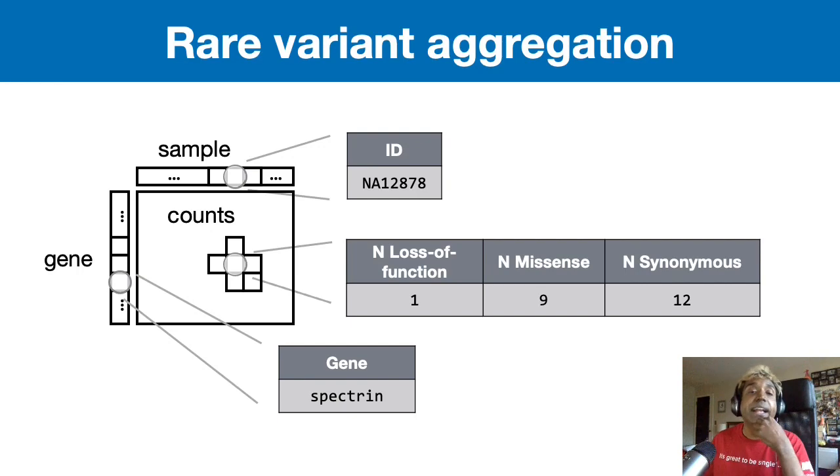For rare variant aggregation, the column IDs would still be sample IDs, and the rows now would be genes instead of variants. The intersects would be the number of loss of function, number of missense, number of synonymous variants, and sometimes you'll also have p-values if you've already run your analysis and are just running it in Hail to observe certain things. But this would be the raw file, where you don't really have p-values.